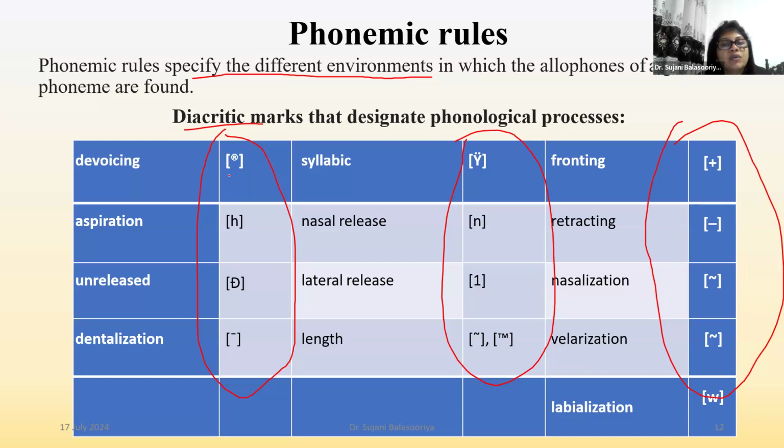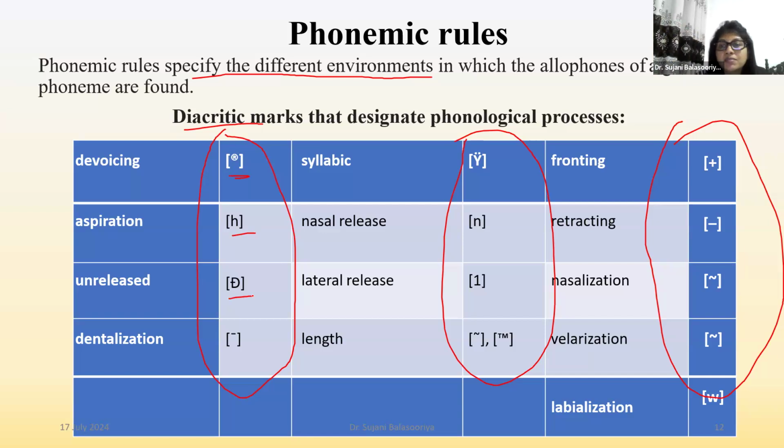If you happen to see this sort of diacritic mark, that means we talk about devoicing there. Devoicing means voicing is not happening. Voice is left, no voice. It becomes voiceless. And this is for aspiration and unreleased.